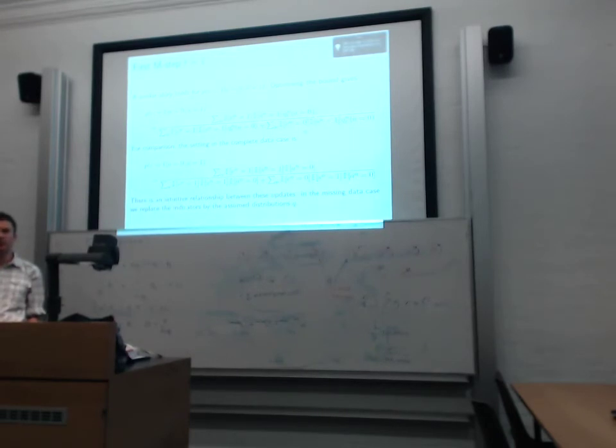It's an easy expression to do. I do it for t equals 0, and I keep iterating these two steps, and that will converge to a local optimum for the maximum likelihood table settings in the missing data case. So that's basically all there is to it.